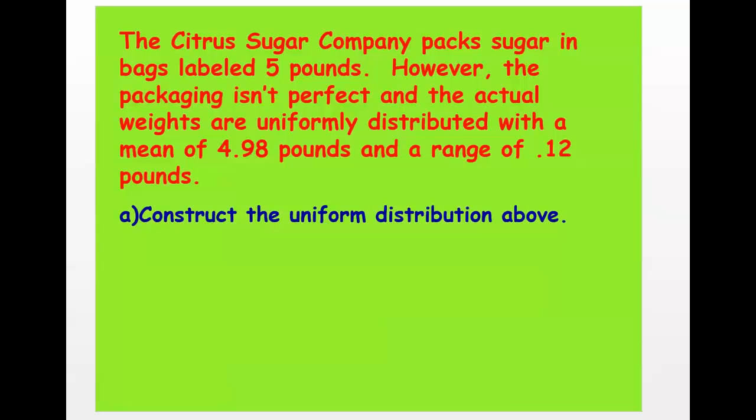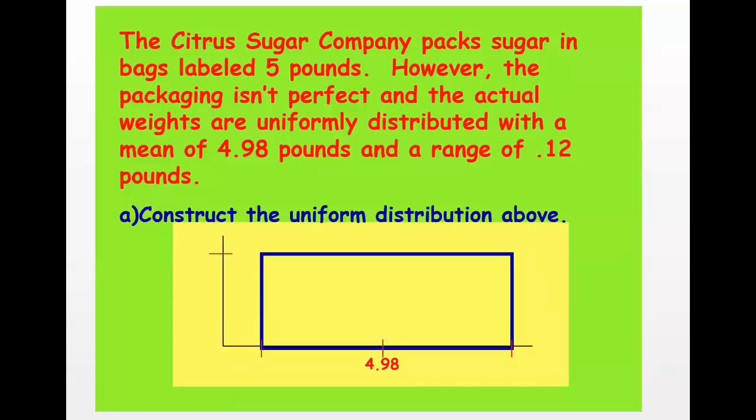So we have to think about what that would represent. We start with drawing a rectangle, and we label the center of our rectangle as 4.98. A range of 0.12 means that from the low end to the high end, it's 0.12, which means technically it's 0.06 above and 0.06 below. So it looks about like that.